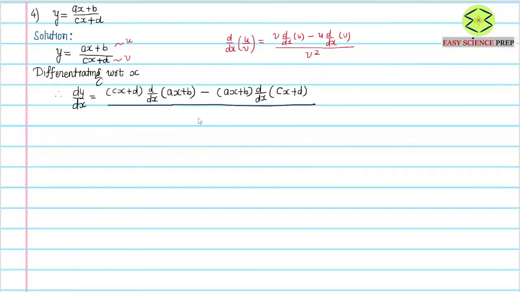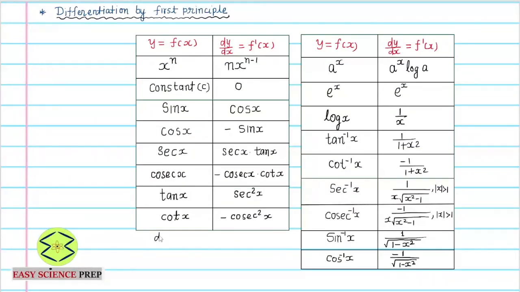Now v square in the denominator, that is cx plus d the whole square. Anything other than x and y are constants. Okay, fine. So having understood this, just to make a note here, please note the derivative of x is 1, because x raised to 1, and if you apply the result for x raised to n, you will get 1.